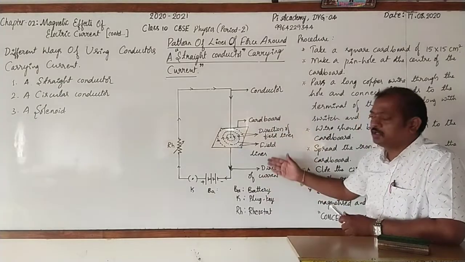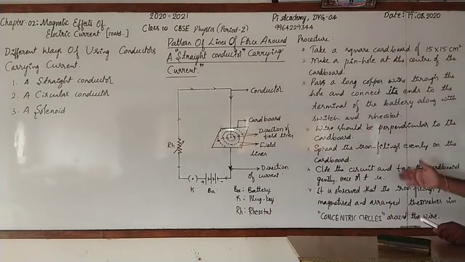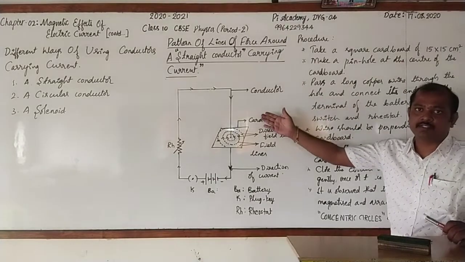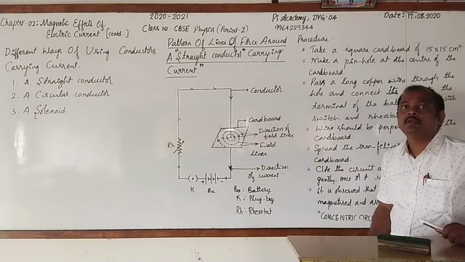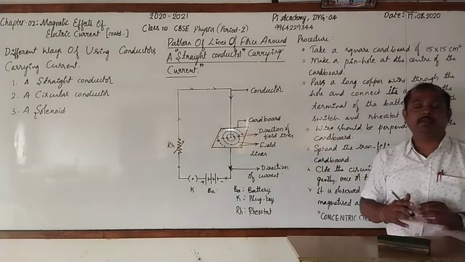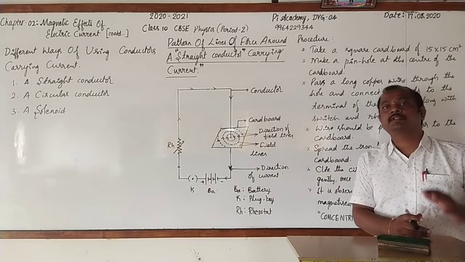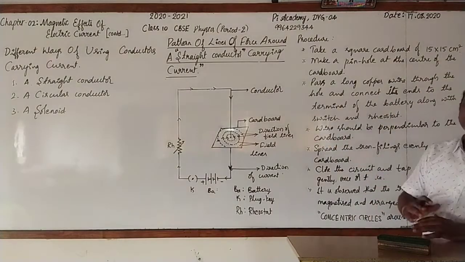Please go through this and you should also mark. Then after that we have written the procedure according to my explanation. Yes, copy from here to here. After that I will go for writing Maxwell's right hand grip rule and also the factors on which the field strength depends.